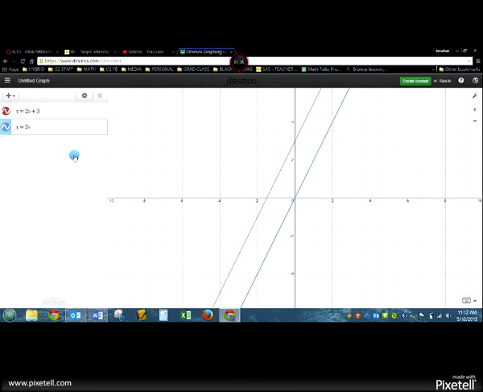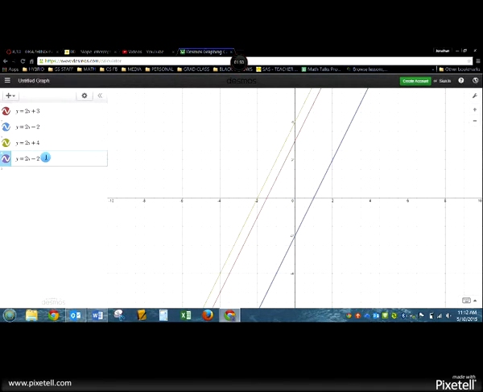I could do y equals 2x plus 4. I could do y equals 2x minus 2. We did minus 2, let's do minus 1. Okay, so as long as the slope is the same, I'll have parallel lines.